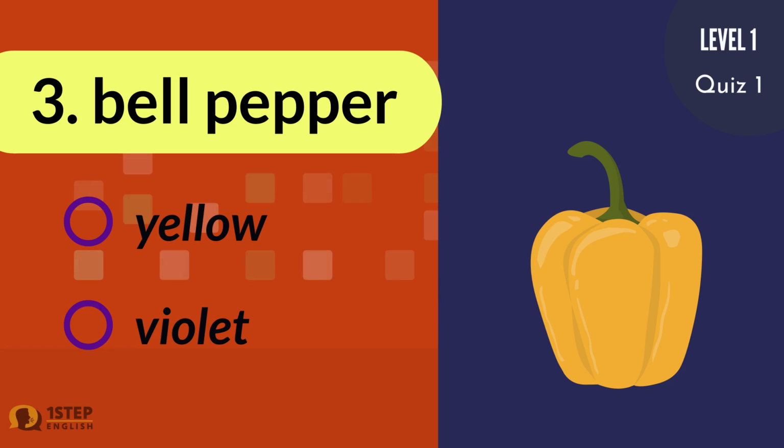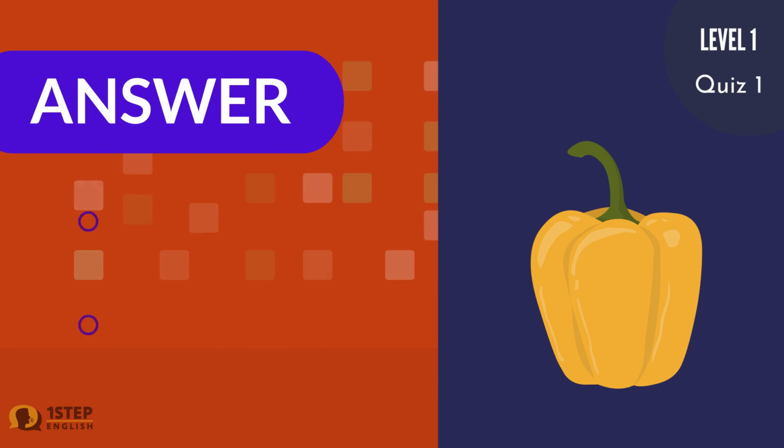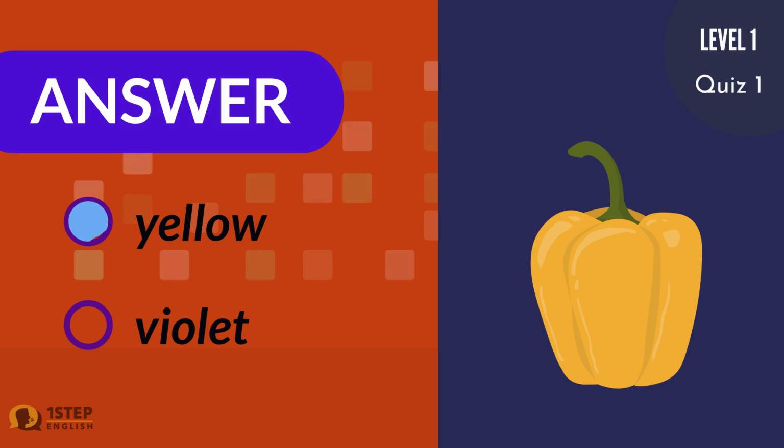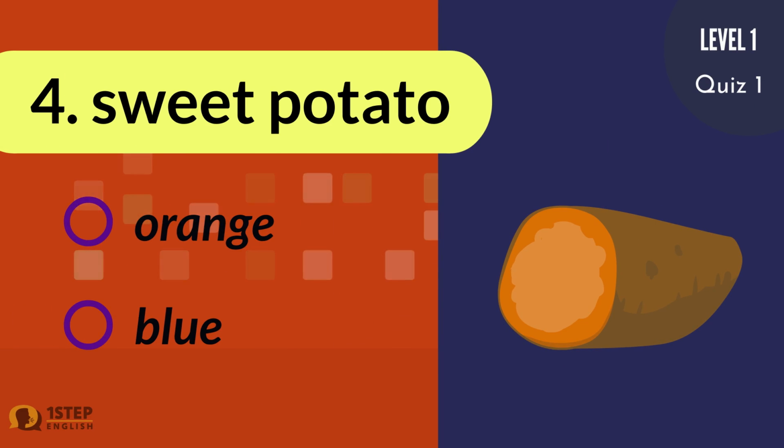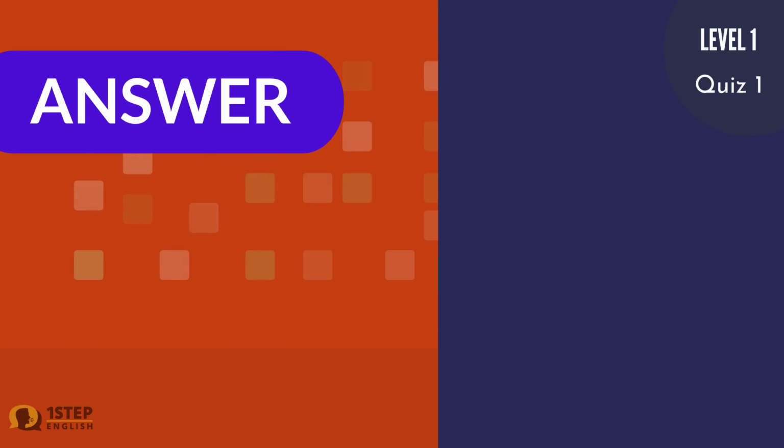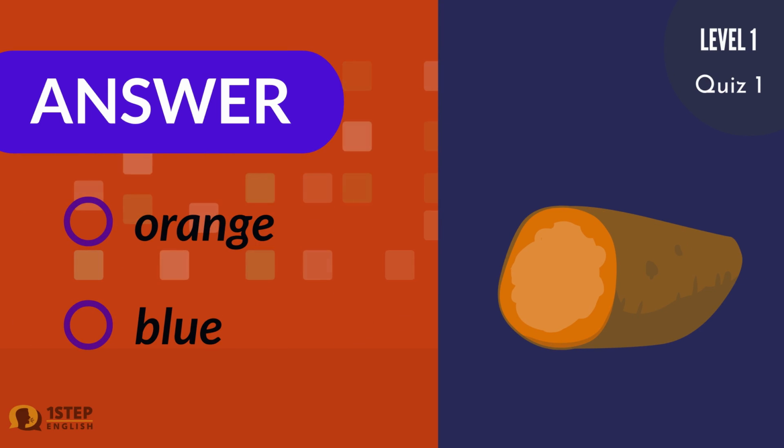Number 3. Bell pepper. The answer is color yellow. Number 4. Sweet potato. The answer is color orange.